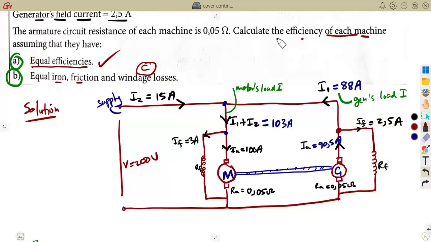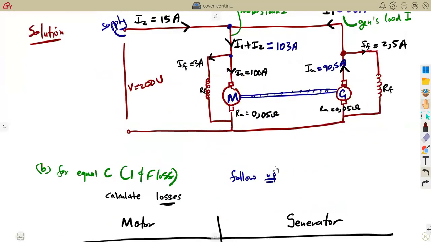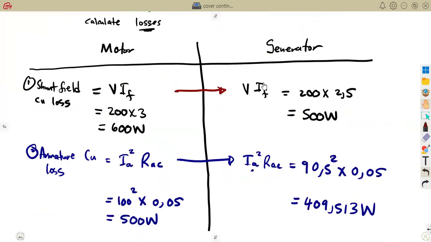Whether the question is just calculate the efficiency of the motor, or calculate the efficiency of each machine, taking it as a motor or as a generator, you're going to need these losses for both machines. Whether the question specifies a generator or a motor, you calculate these ones.